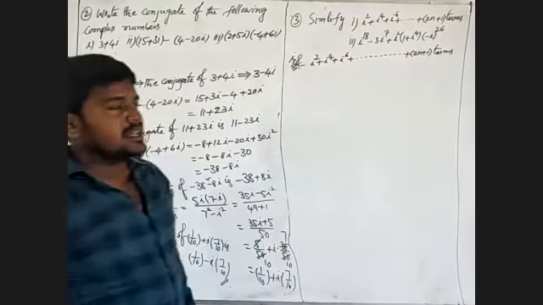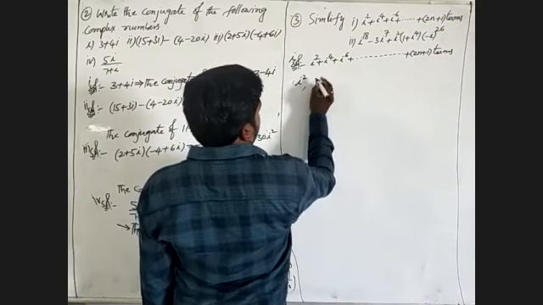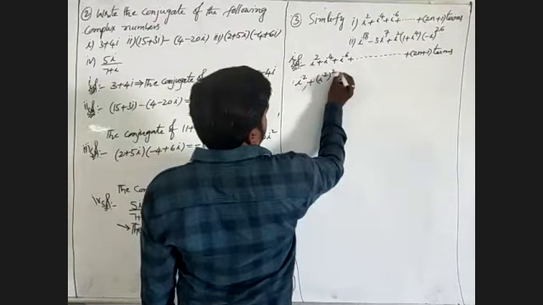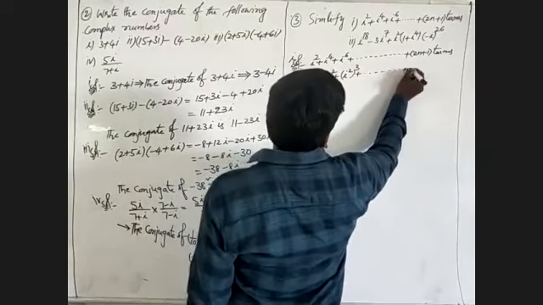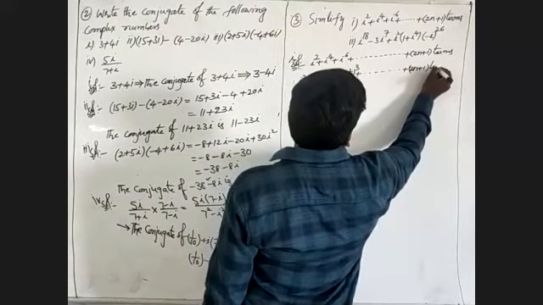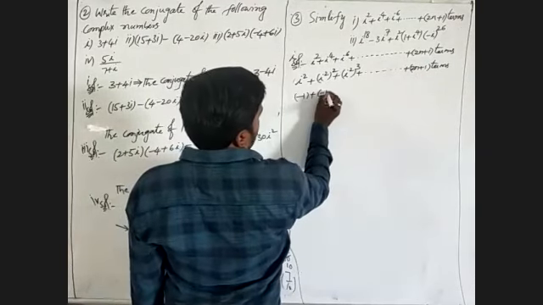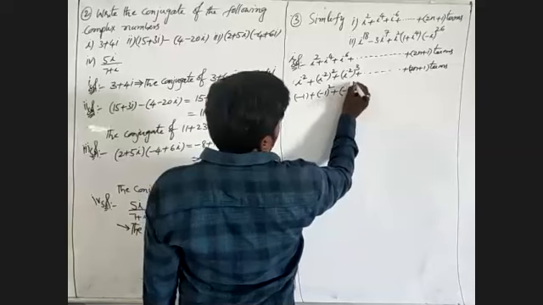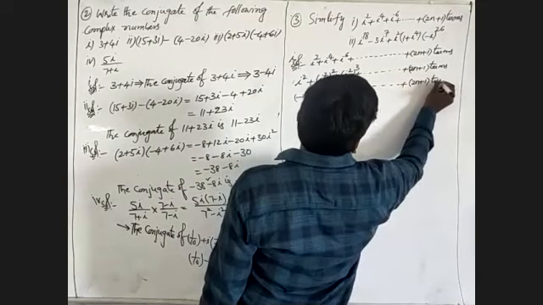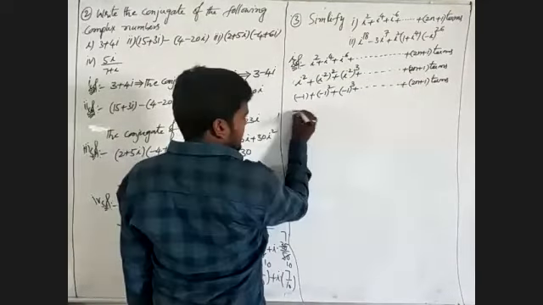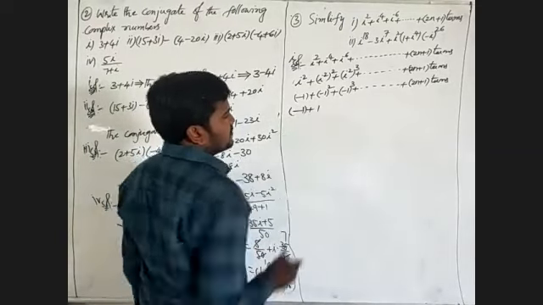The 2n plus 1 terms will be written as i square plus i square whole square plus i square whole cube and so on, plus 2n plus 1 terms, where i square is minus 1. So minus 1 plus minus 1 whole square, which is 1.